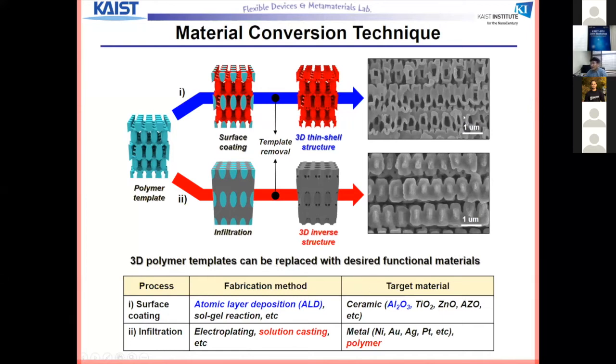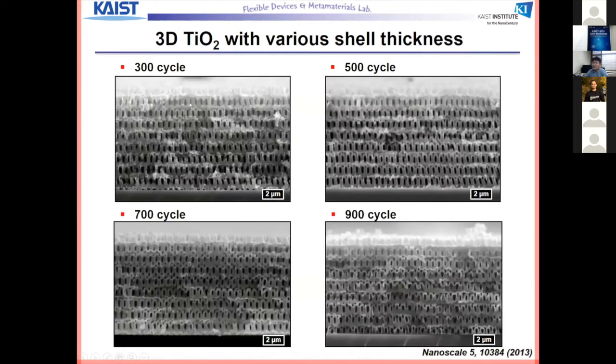So the material we can make is not limited by our polymeric structure, but more limited by the source material. We can do electroplating or ALD. We tried most of those sources, and now we have a pretty wide variety of three-dimensional metal and ceramic structures. So this is an example.